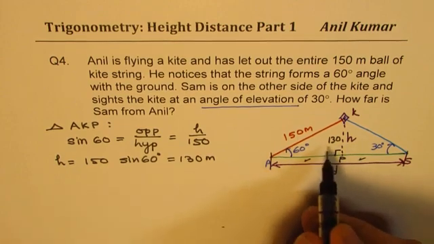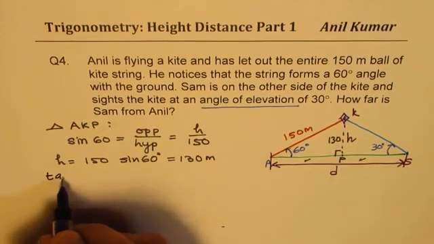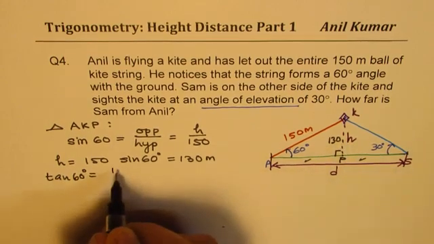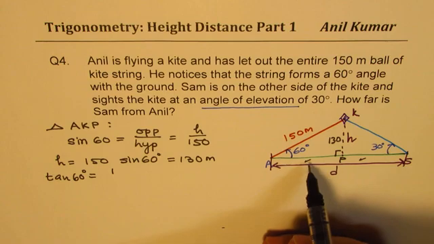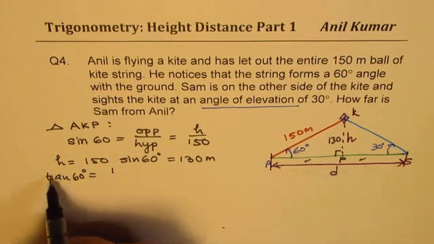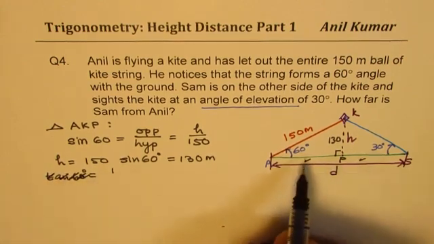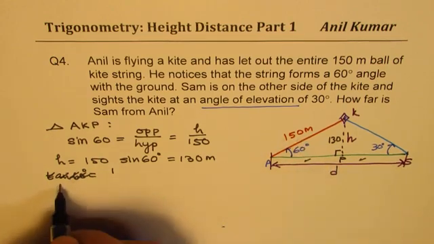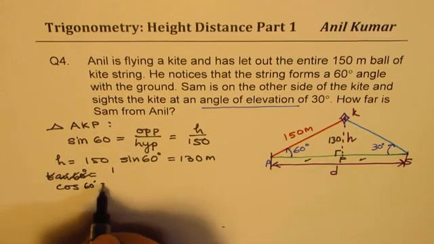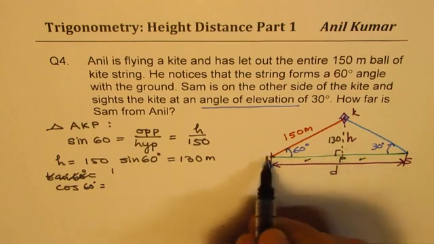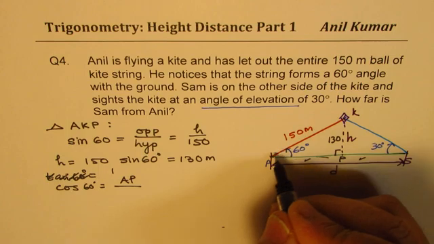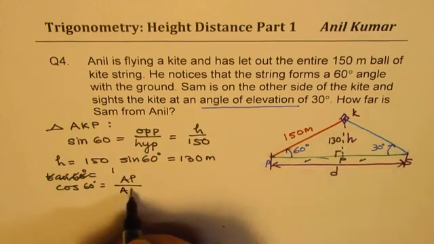But let's find it. Now we say tan of 60 degrees should be equal to 130. Actually, you could use cosine, right? So let me not use tan 60. We'll find AP using cos, correct? So we can say cos of 60 degrees is equal to the adjacent side, which is AP, over the hypotenuse, which is AK, correct?